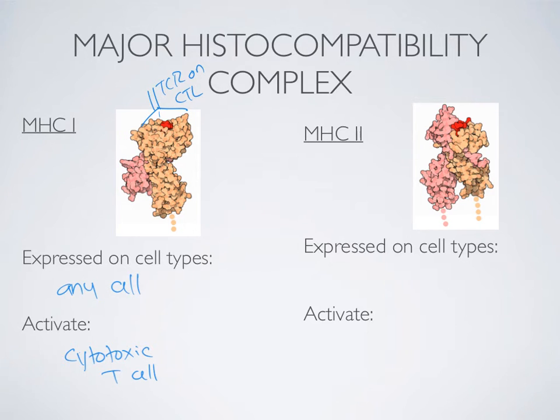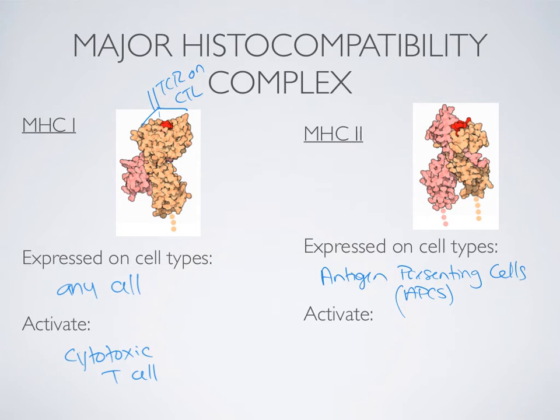MHC2 is very similar, but MHC2 is only expressed on antigen-presenting cells. So what antigen-presenting cells, this goes back to our dendritic cell. Those are the most powerful antigen-presenting cells.